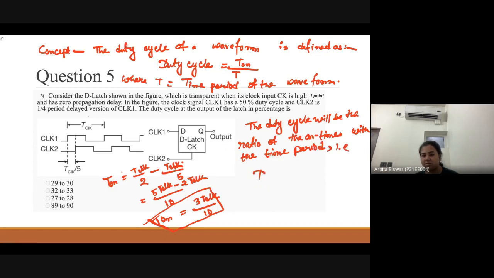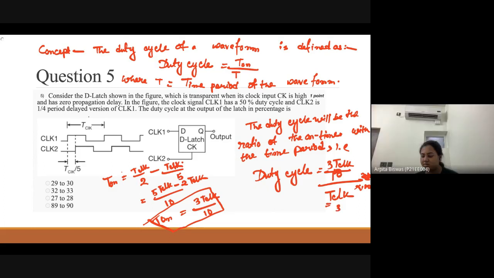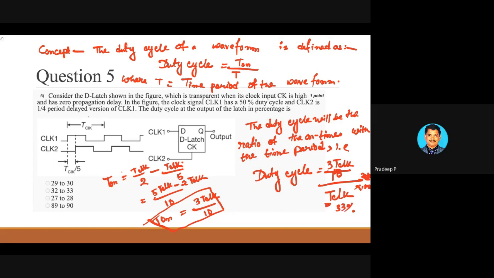That is, duty cycle equal to 3 T clock by 10 by T clock into 100. It means 33%. Okay, you just calculate it.